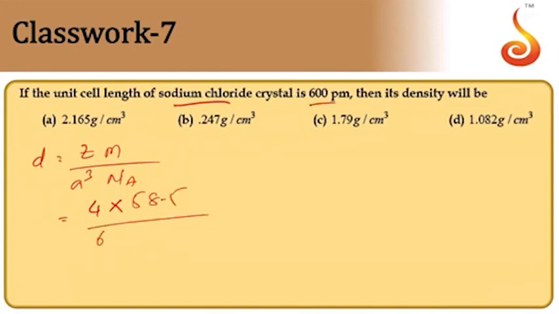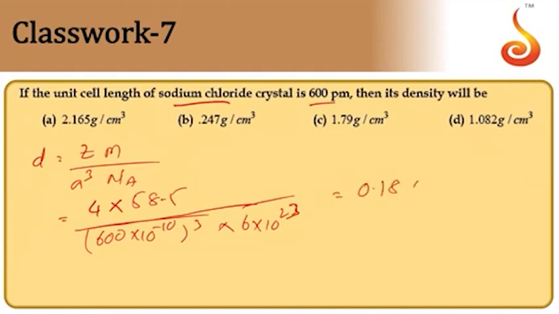They gave the value of a as 600 into 10 to the power of minus 10, the whole cube, into Avogadro's number, 6 into 10 to the power of 23. On simplification you finally get the value as 0.18 into 10 to the power of 1, which is equal to 1.8. So 1.8, you can take 1.79, close to that. So the answer is C.